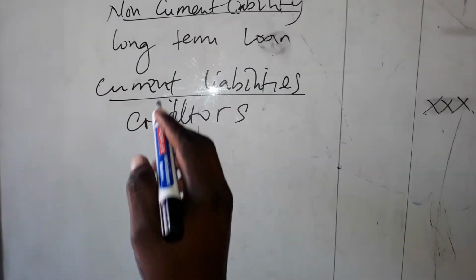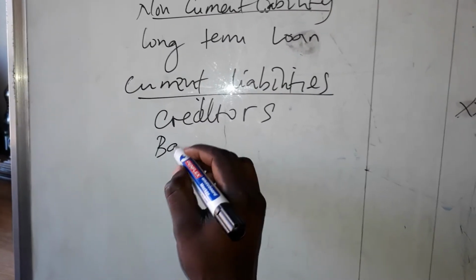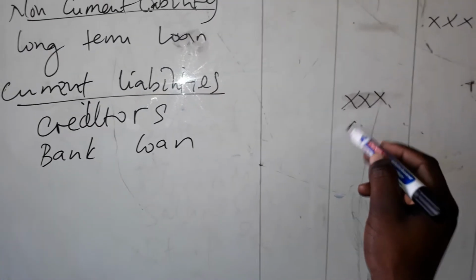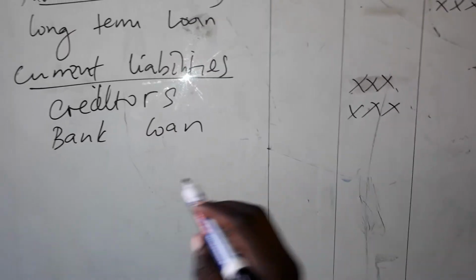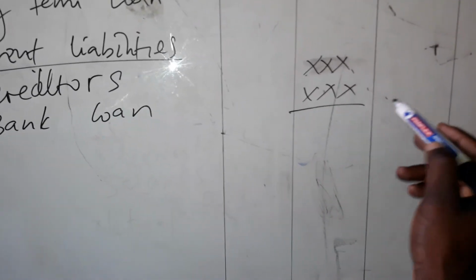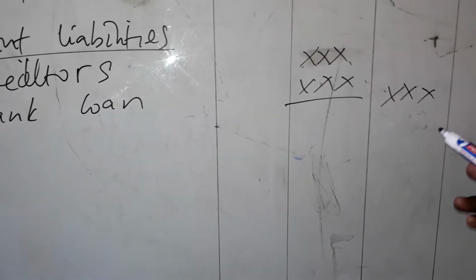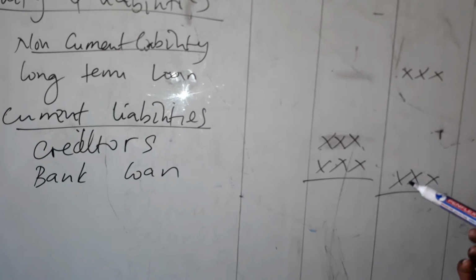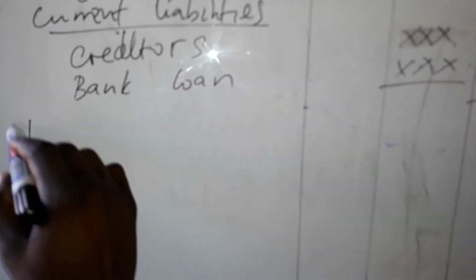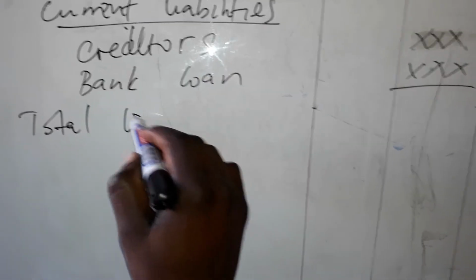Then current liabilities can also have like a bank loan, right? We can have any other liabilities. Then we add the total, right? Then the total of the non-current liability and of the current liability, we have got the total of the what of liabilities, total liabilities.